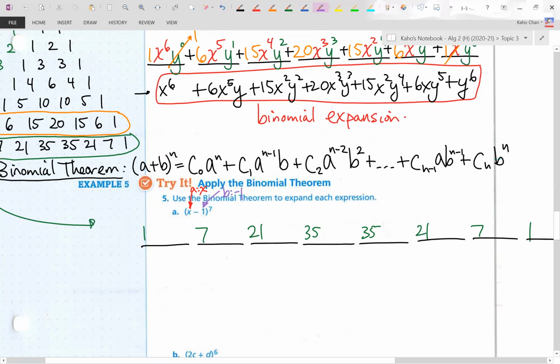The A values descend from n power. n in this case is 7. Okay. Look for the pattern. Here we go. So A is x. Let's put down x to the 7th power. Bam. x to the 6, and so on.